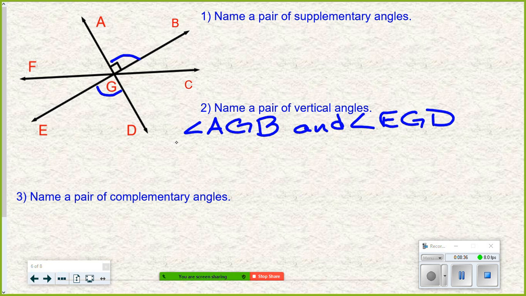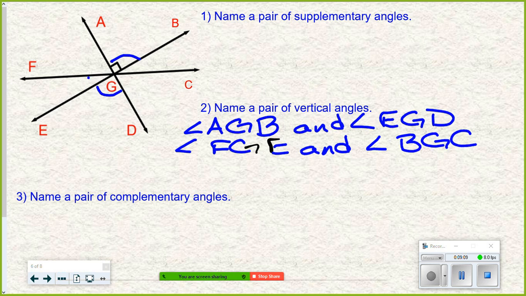Anybody tell me another pair of vertical angles? Chris? You have to use 3 letters, and G has to be the middle letter. So FGE, okay. FGE and BGC. That would work.